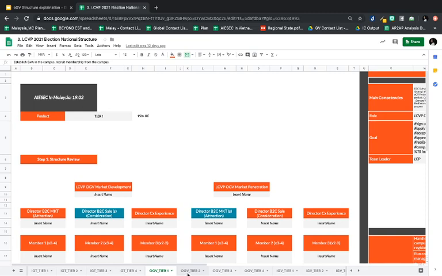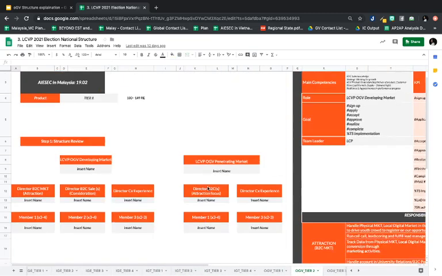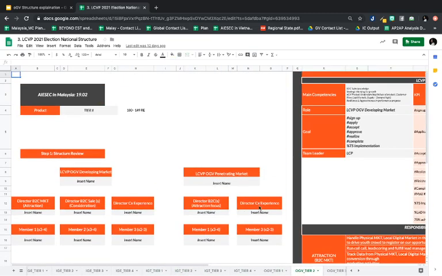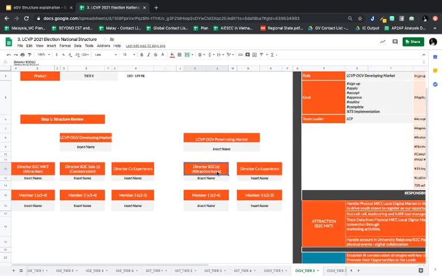The second tier is kind of similar, but regarding penetrating the market, the structure should be smaller. If you see here, we don't have a team taking care of B2C sales. So you can discuss whether the B2C sales responsibility can go under B2C marketing or customer experience.